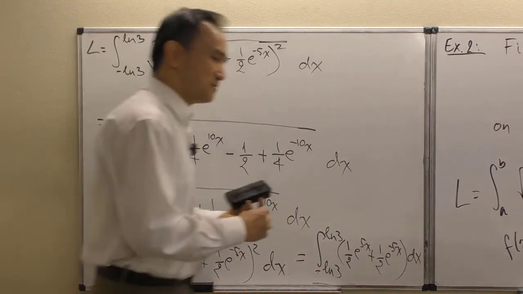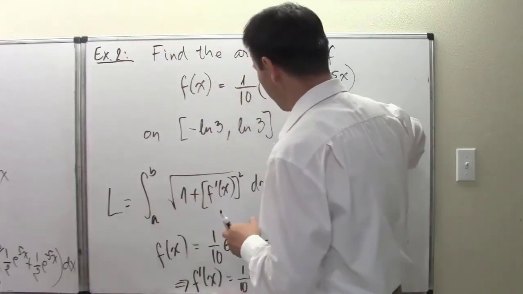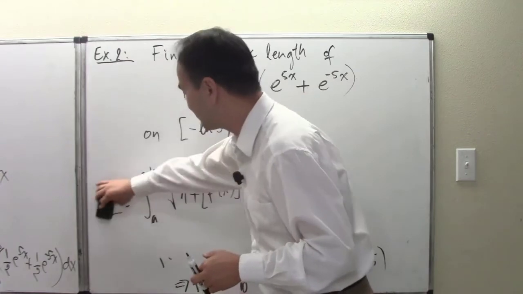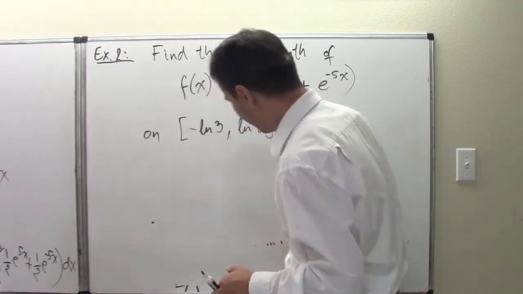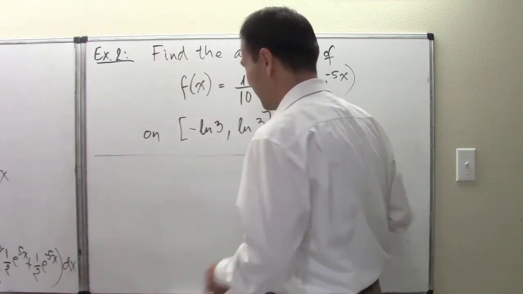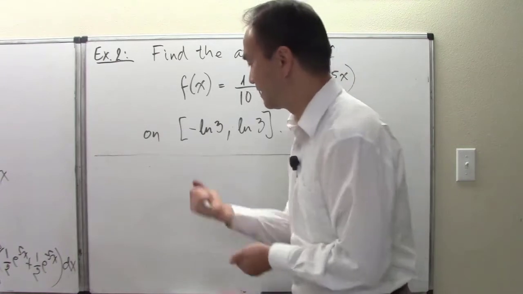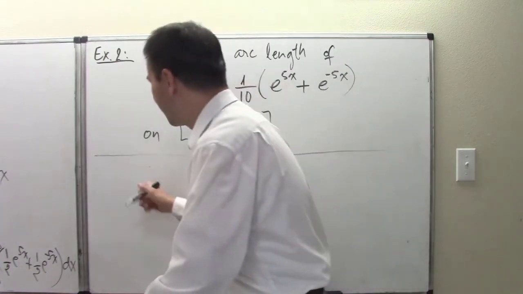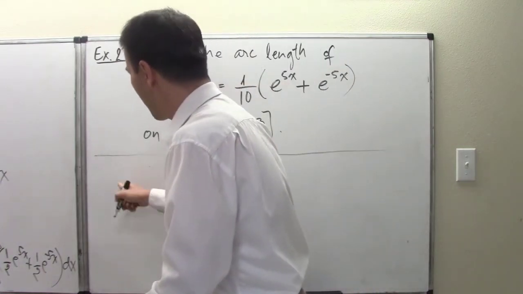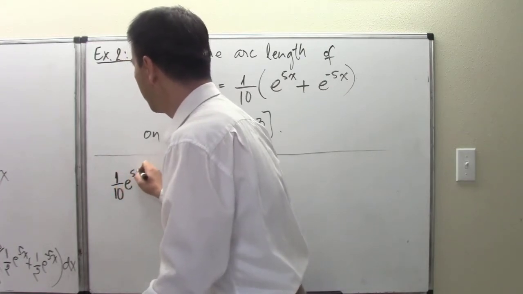And so now I'm going to move on to this board right here. All right. And so now we have, according to the fundamental theorem of calculus, the first term gives me 1/10 e to the 5x.